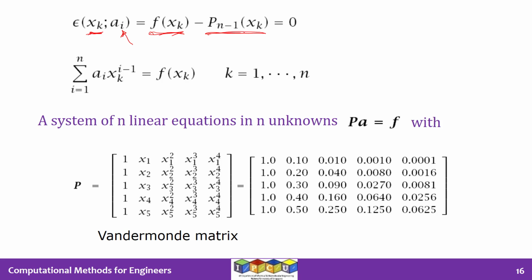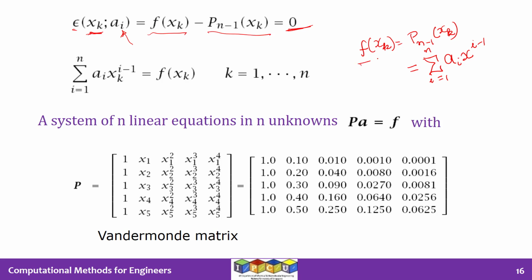And because this is a perfect polynomial, because the number of parameters equals the number of data points, you're going to get the errors to be equal to 0. So we have f of x_k is equal to P n minus 1 of x_k. And we know P n minus 1 is nothing but summation a_i x to the power of i minus 1 as i goes from 1 to n, in this case. We have n is equal to 5, of course. This should lead to what you see here.